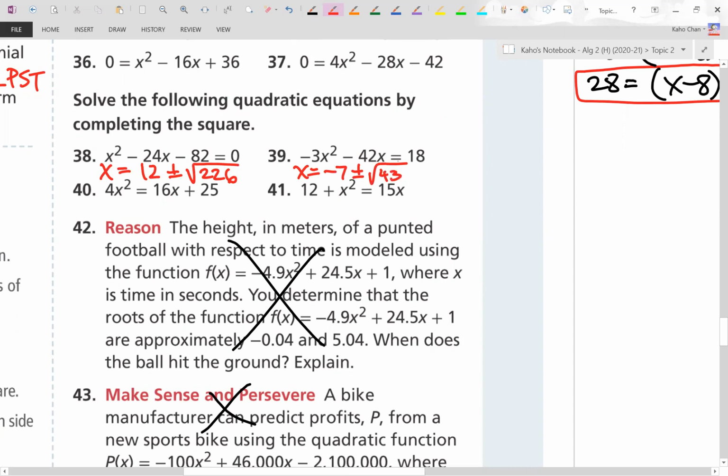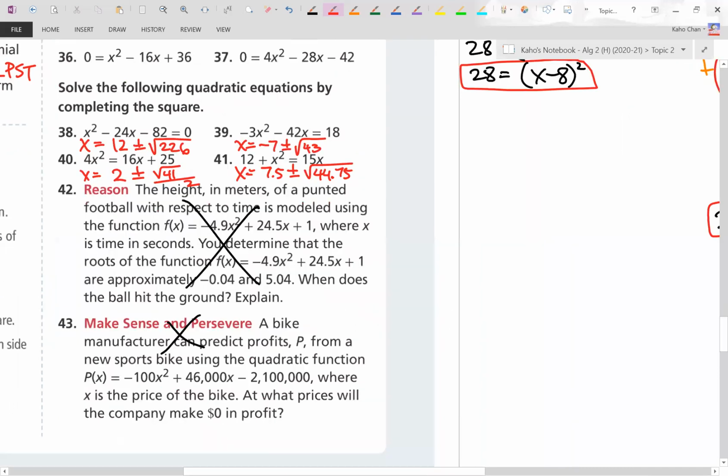Number 40, x equals 2 plus or minus the square root of 41, over 2. Interesting. And number 41, x equals, oh yeah, I'm not going to do this one, 7.5 plus or minus the square root of 44.75. Crazy. Let's try one of them at least. Any questions? We'll do number 38 off to the side here.